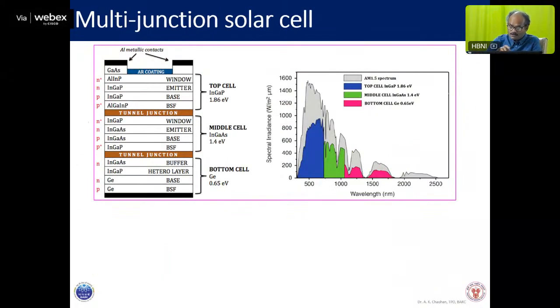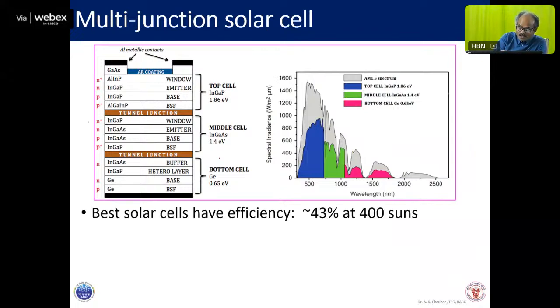Now we see a typical multi-junction solar cell, which is made like this. You have a bottom cell here, then a middle cell, and then a top unit. At the top unit, you have the highest band gap material, 1.86 eV.